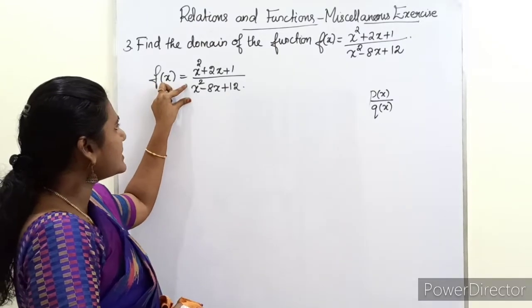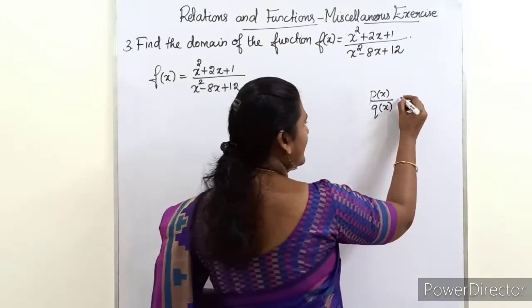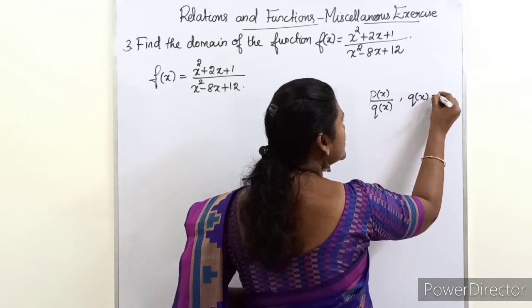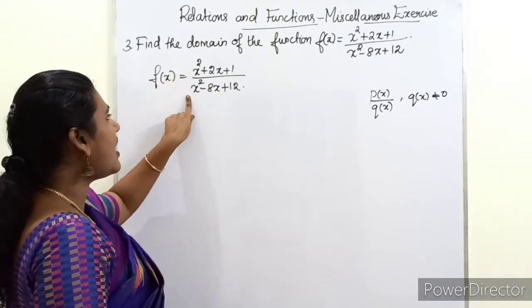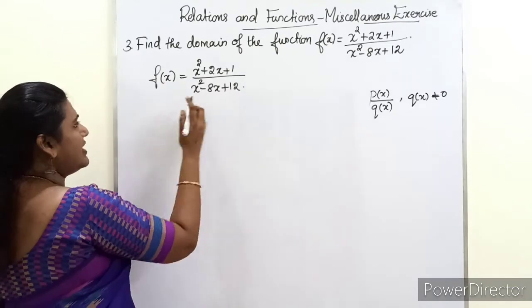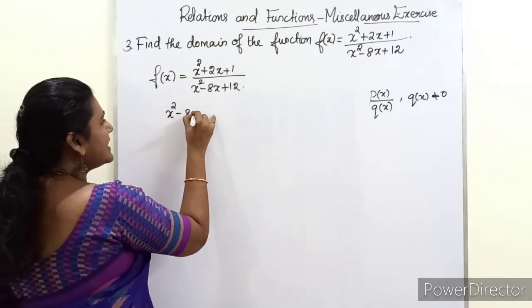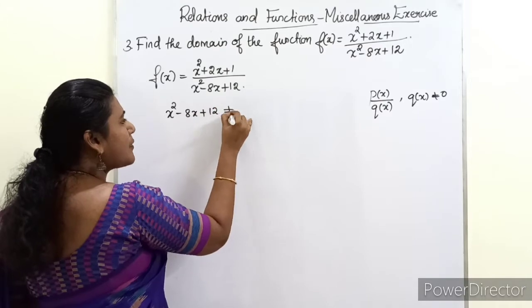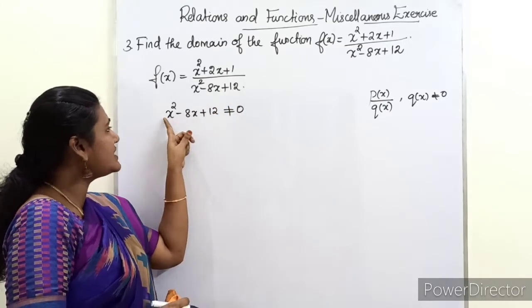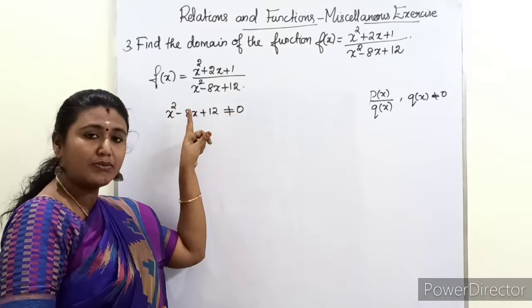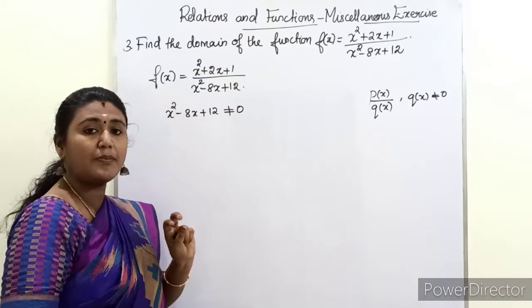So here, the condition for a rational function is that the denominator should not be 0. The same condition applies here also. Here we have a denominator expression x square minus 8x plus 12. This should not be 0. So for the values at which this expression is 0, the function will not be defined at those values.